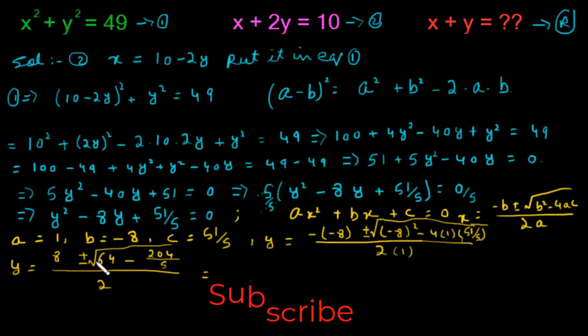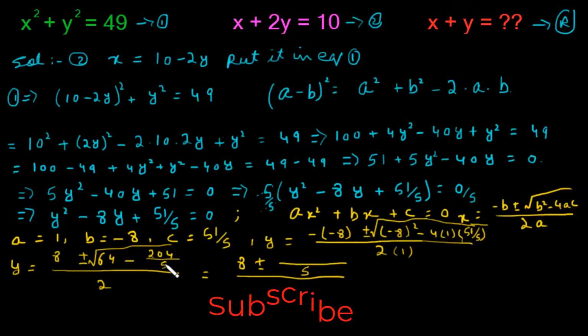I can take only this part for solving, so 8 will retain its place, plus minus, and here, by taking 5, now 5 is going to multiply with this one, so it will get me 320 minus 204, over 5, whole divided by 2.